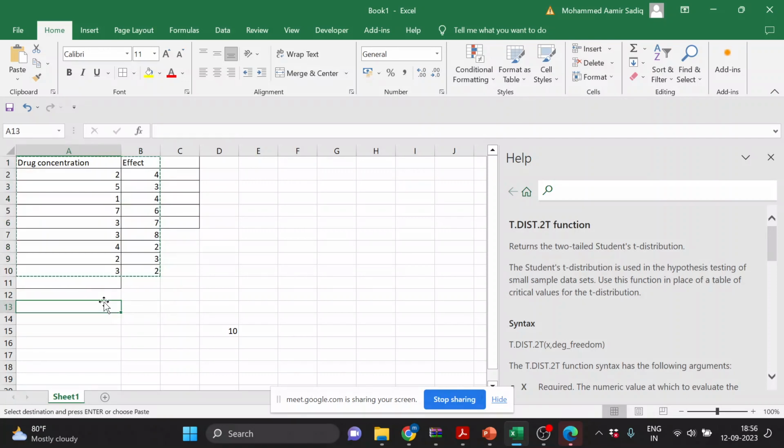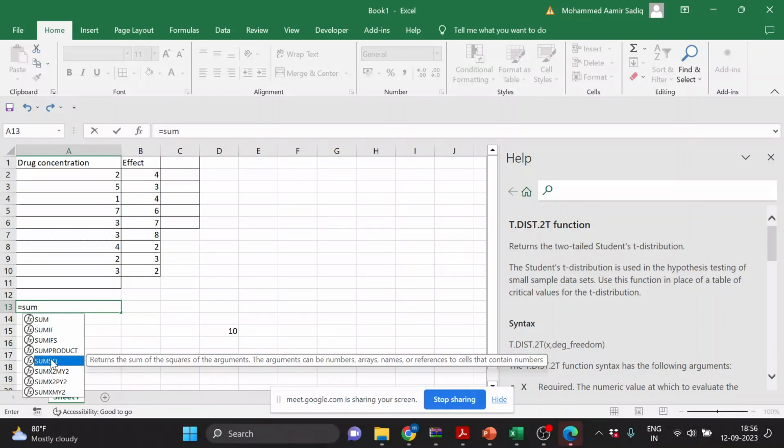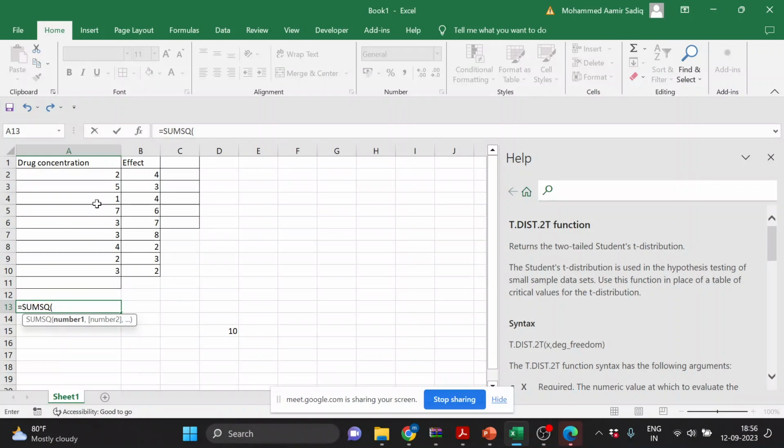So this is my equals. I'll just take the square of that. Okay, sums of. We have an Excel thing. So this is your X values.